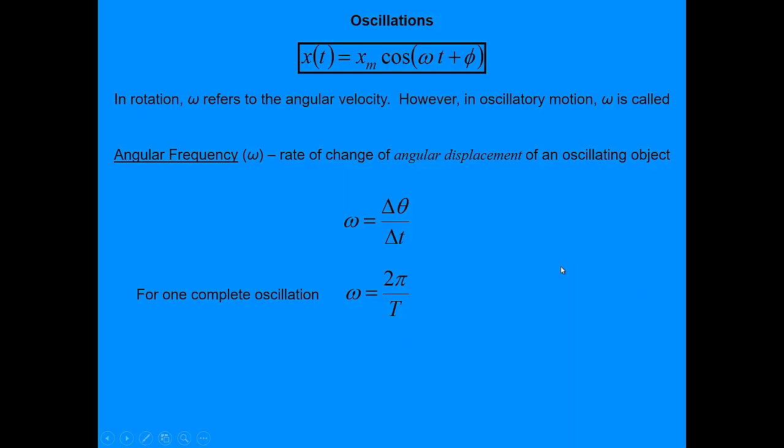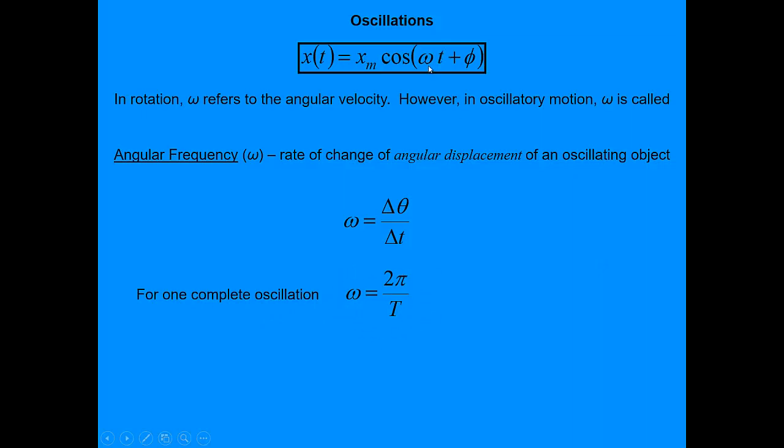So one complete oscillation of something in simple harmonic motion, the mass on the end of a spring starting out on the right, going to the left, coming all the way back to the right again, one complete motion, is 2 pi radians. Yeah, radians are going to be huge in this unit. We're even going to sometimes use time in terms of pi, because it's just how we do things when we deal with this relationship between uniform circular motion and simple harmonic motion.